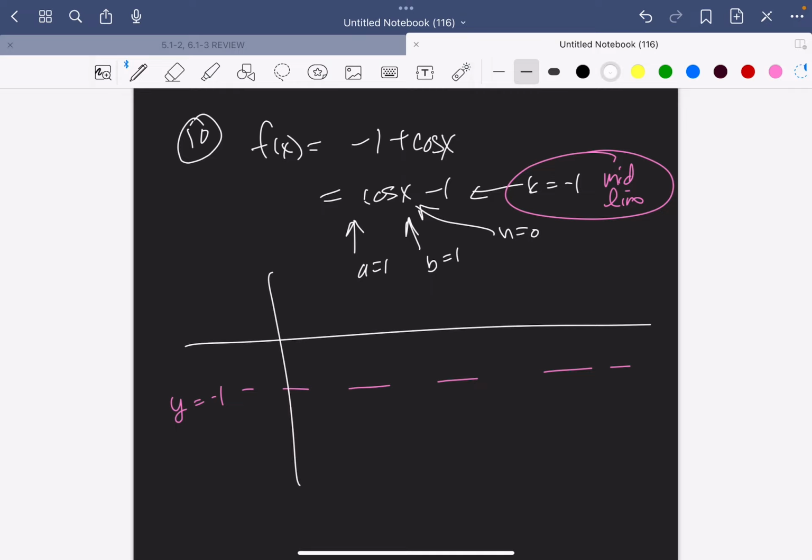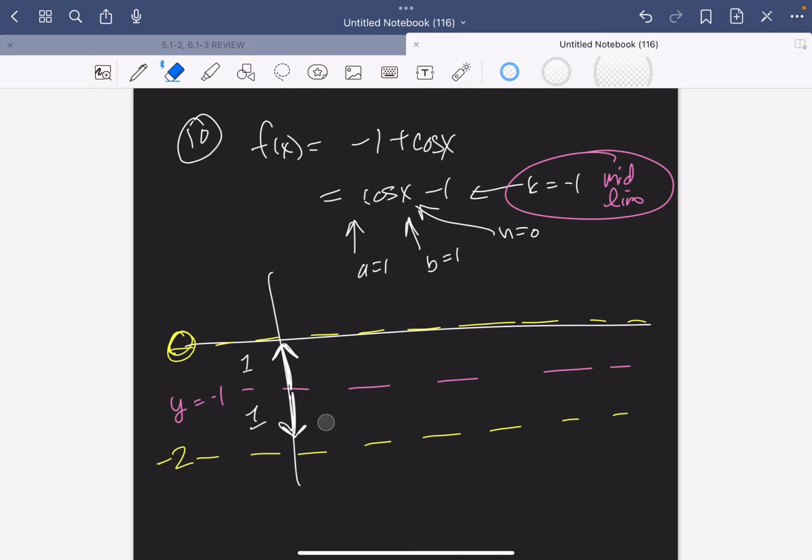And then from that midline of -1, you take the amplitude 1 and go in either direction 1, and that creates your range of values. This version of cosine will never go beyond 0 and -2, right?